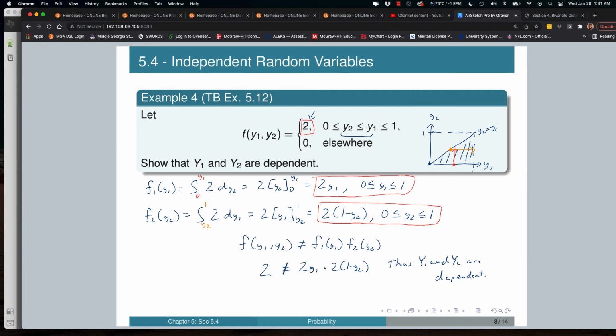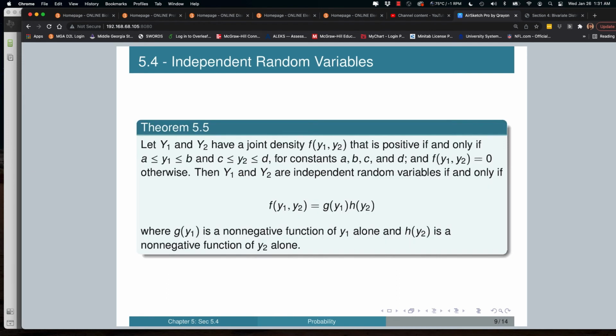All right. The next theorem is kind of helpful in some ways. It's not always helpful. I prefer you showing me the ways that we just did to show me truly whether they're dependent or not. But this is another way you can do that, especially for independence.